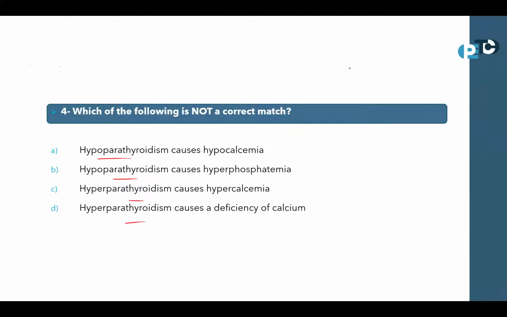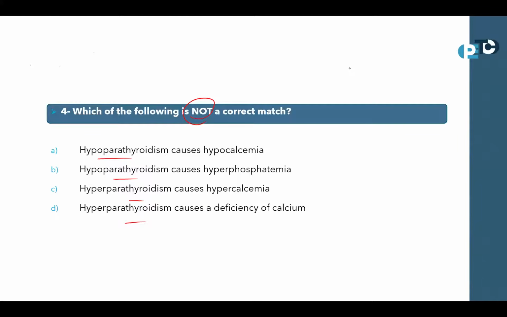Hypoparathyroidism causes hypocalcemia, or hypoparathyroidism causes hyperphosphatemia. Hyperparathyroidism causes hypercalcemia, or hyperparathyroidism causes the deficiency of calcium. We are looking for which is not a correct match. Let us see each of them, is it right or wrong?